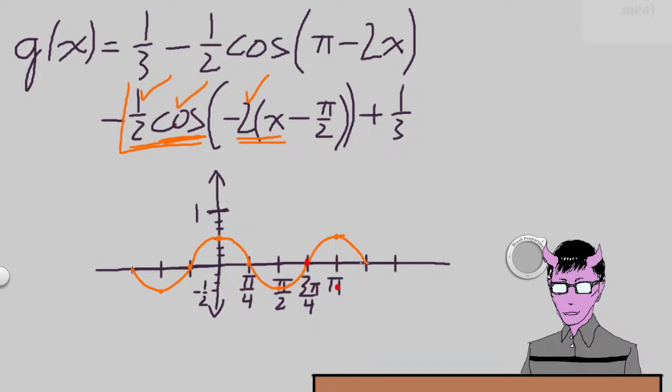All the zeros remain the same thing prior to shift. So just copy the nodes. Instead of being negative 1/2, it's positive 1/2.